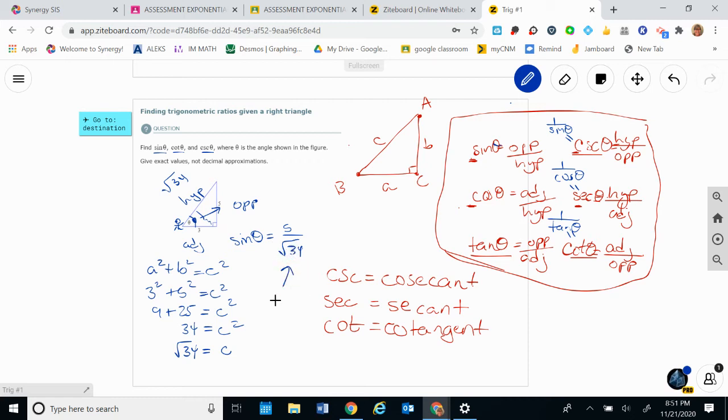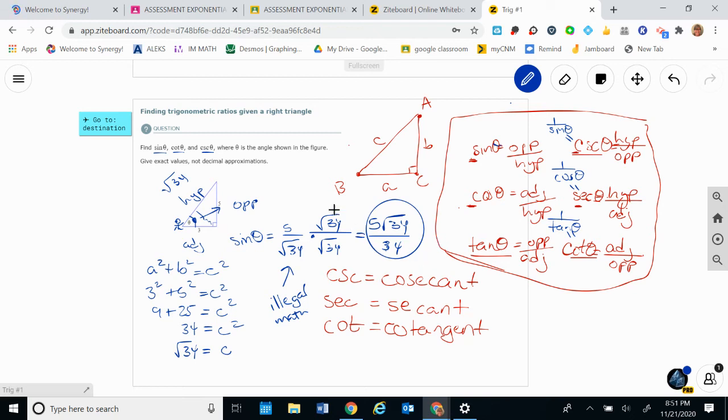That is illegal math. You need to rationalize the denominator. So we're going to multiply it by the square root of 34 over the square root of 34. So 5 times root 34 over 34. Can I simplify that further? The answer is no. 5 and 34 have nothing in common. So this is your answer for sine.